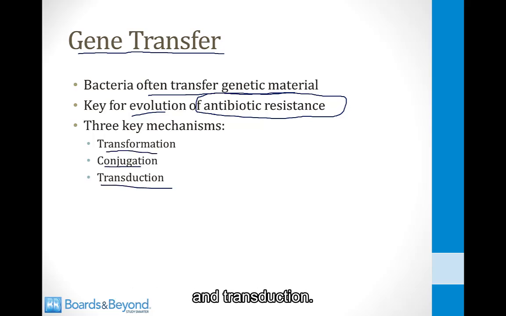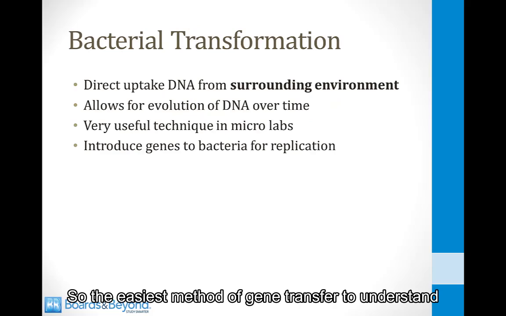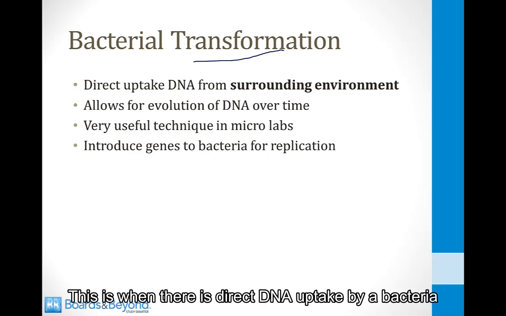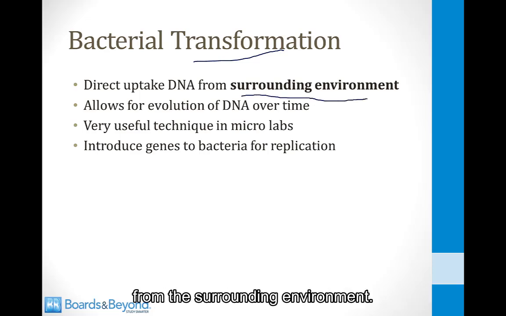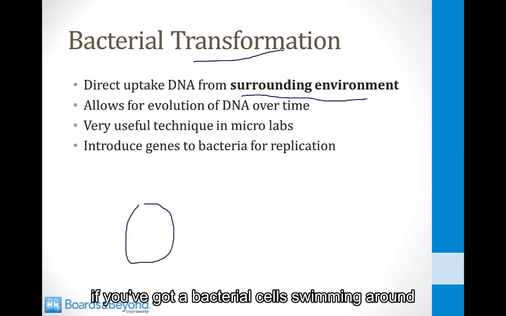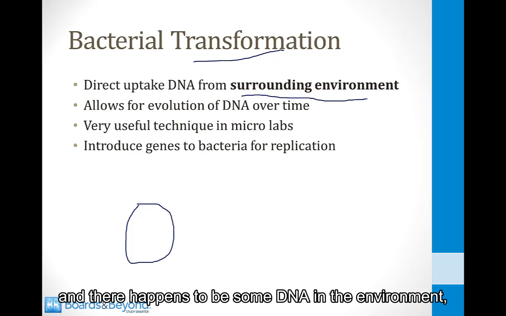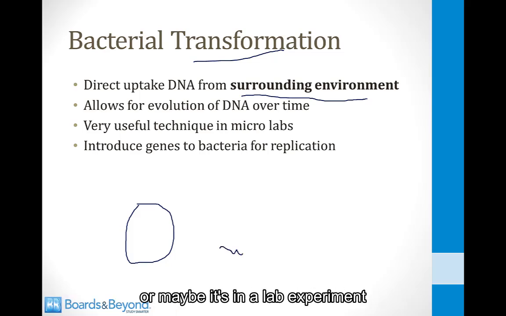conjugation, and transduction. The easiest method of gene transfer to understand is called transformation. This is when there is direct DNA uptake by a bacteria from the surrounding environment. You can imagine a bacterial cell swimming around and there happens to be some DNA in the environment, maybe from another cell that died, or maybe it's in a lab experiment and we've purposely introduced DNA.